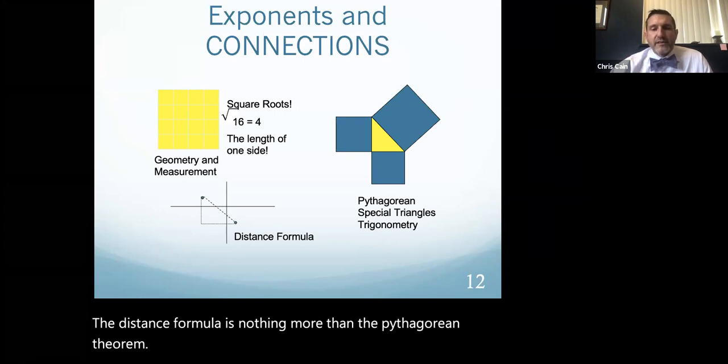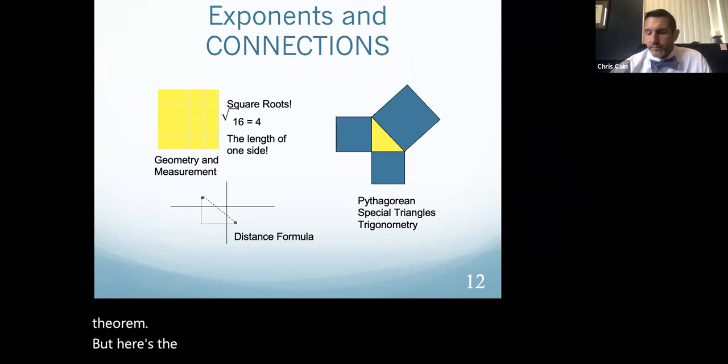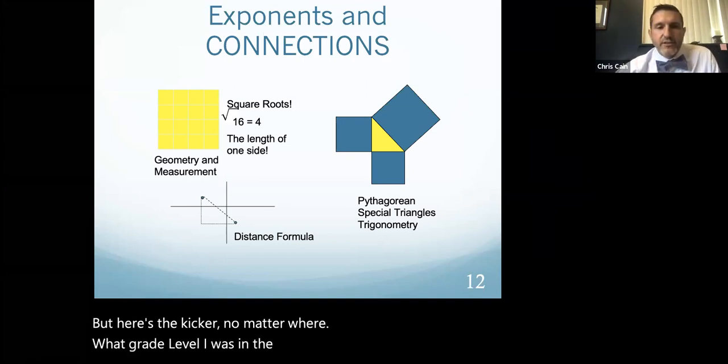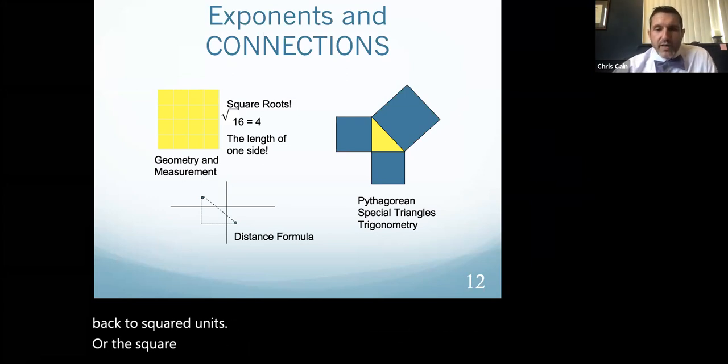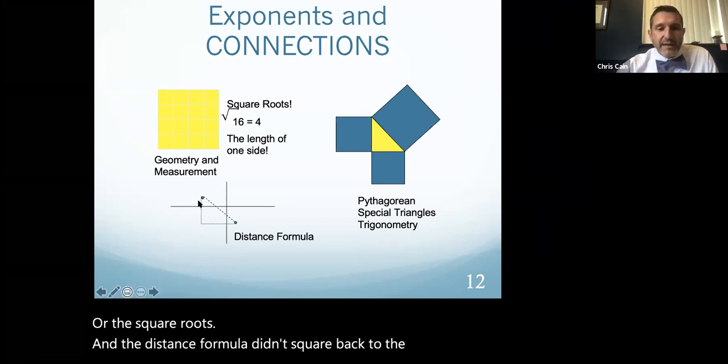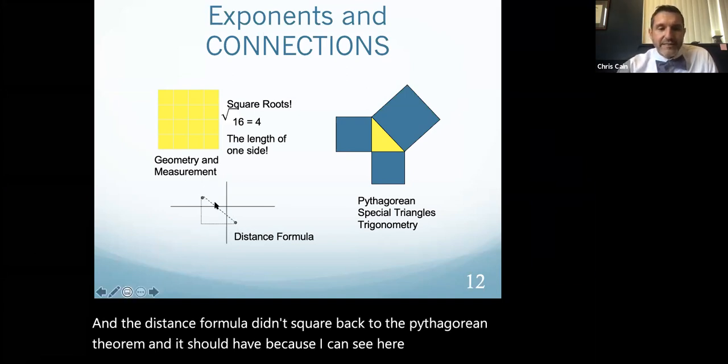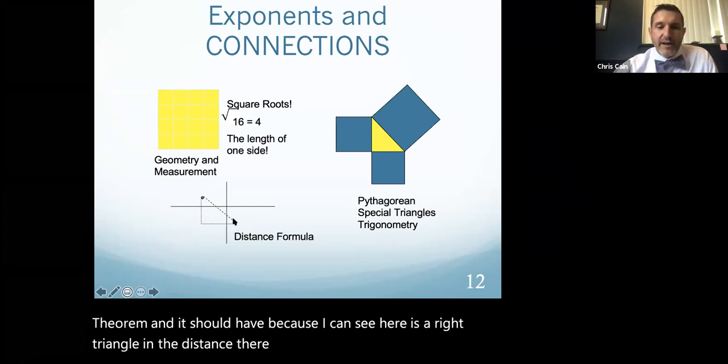But here's the kicker. No matter what grade level I was in, the Pythagorean theorem did not tie back to squared units or the square roots. And the distance formula didn't tie back to the Pythagorean theorem, and it should have, because I can see here's a right triangle, and the distance there is the hypotenuse of that right triangle.